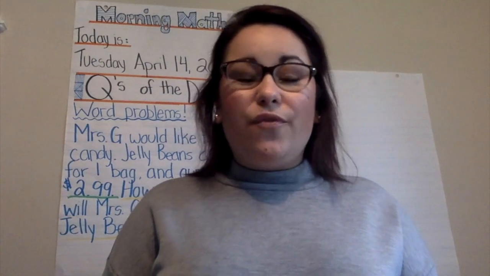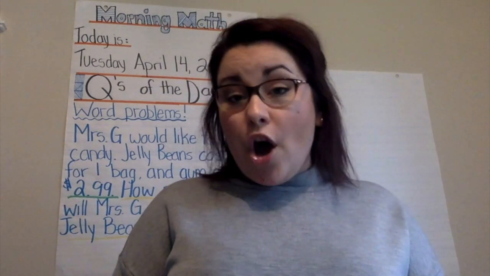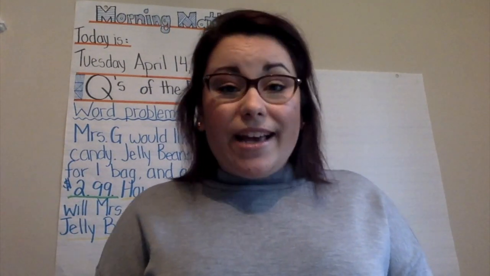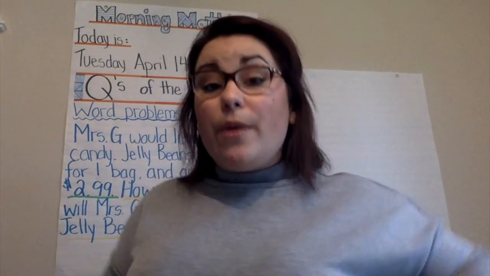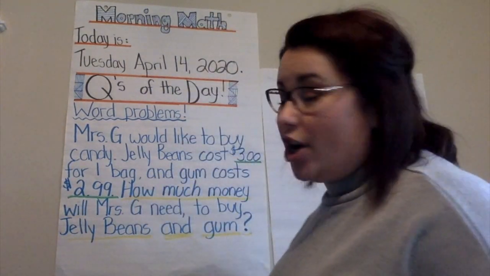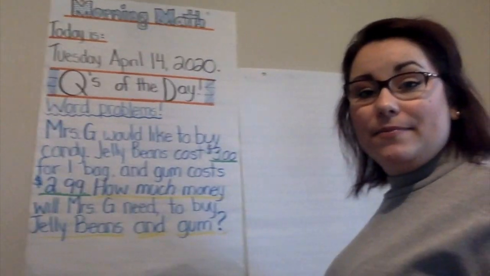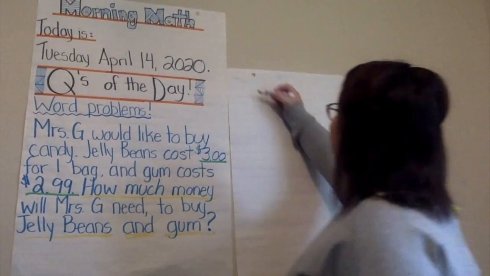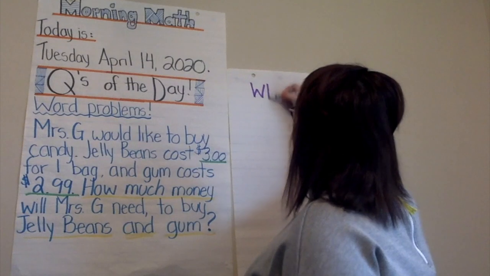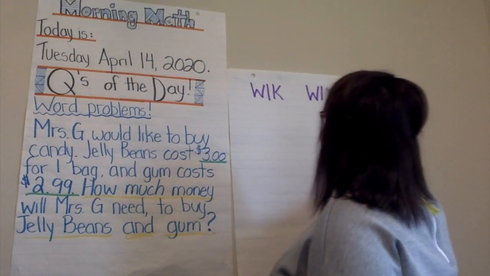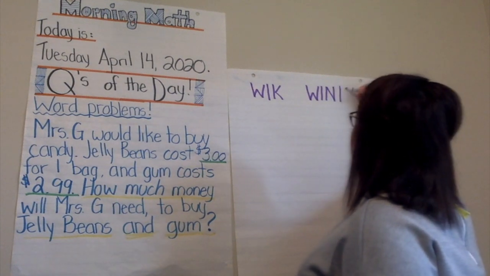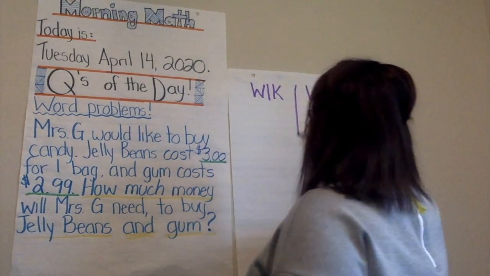So WIC stands for what I know. And WINK stands for what I need to know. And we represent WIC and WINK in a T-chart, and it looks like this. WIC, what I know, what I need to know.